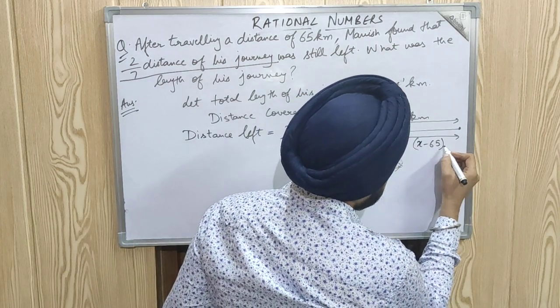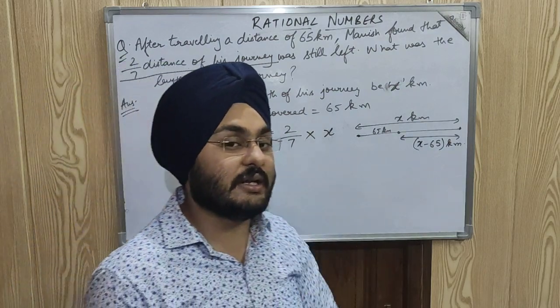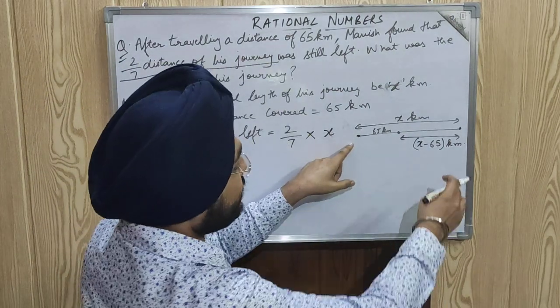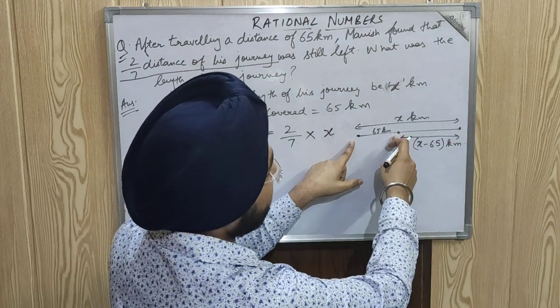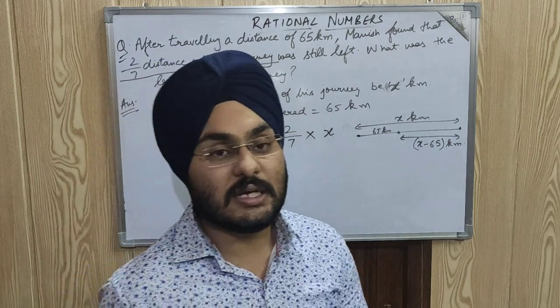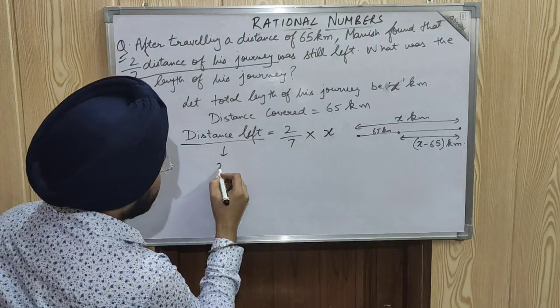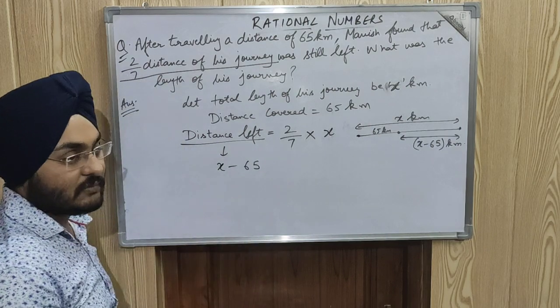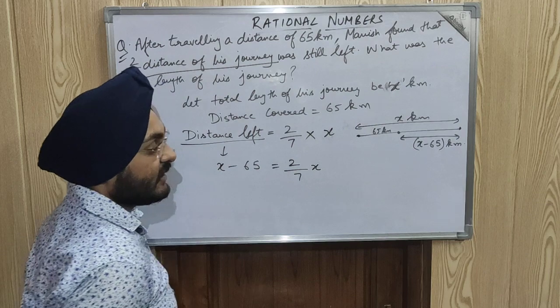X minus 65 kilometer. That you have studied in the previous linear equations as well. If he is saying the total distance is x kilometer, 65 kilometer distance he has covered. So he was left with what? X minus 65. So instead of this distance left, can't I write x minus 65? And this 2 by 7 multiplied by x, can't I write 2 by 7x?